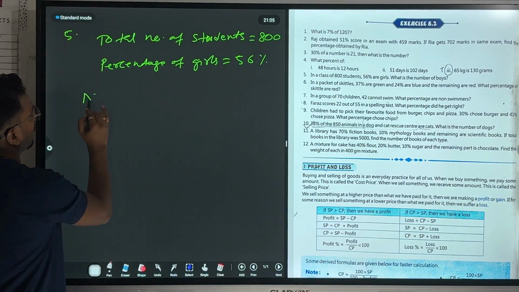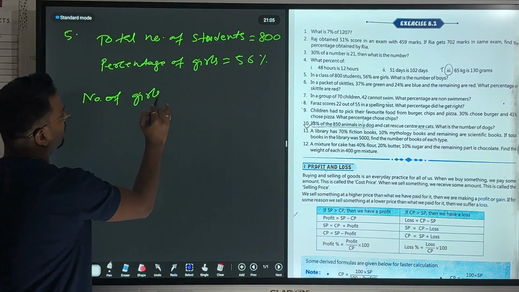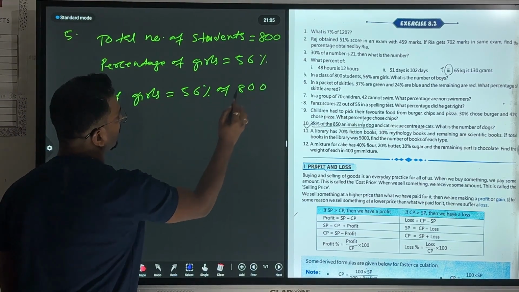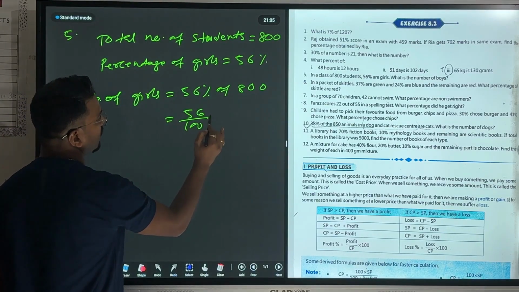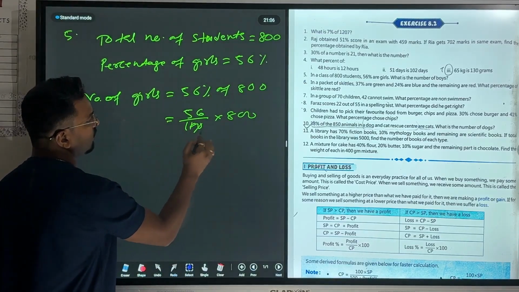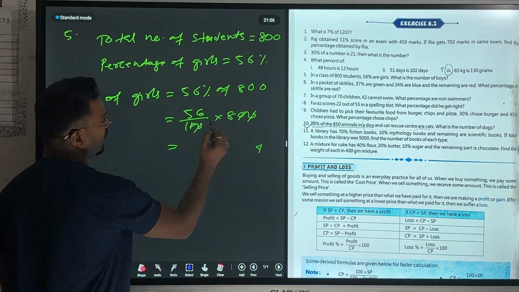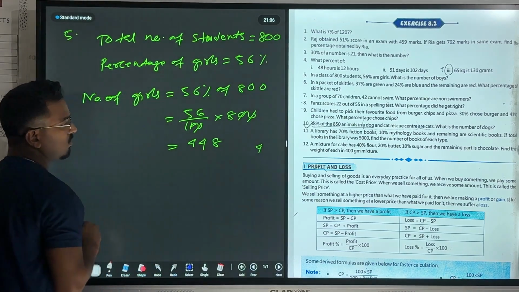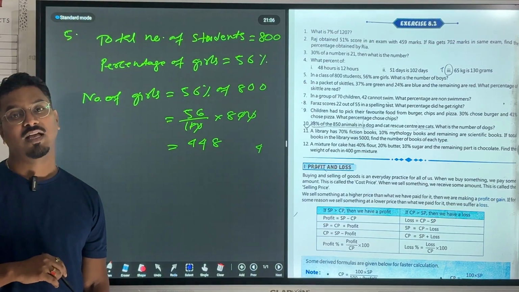So, the number of girls will become 56% of 800. So, 56 by 100 multiplied by 800. If you cancel it, what will you get? 8 6s are 48, 8 5s are 40, 448. So, the number of girls is 448.